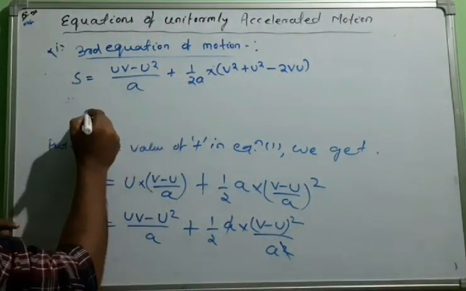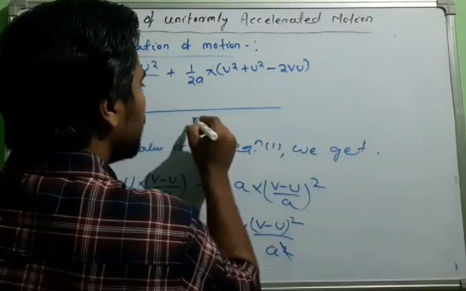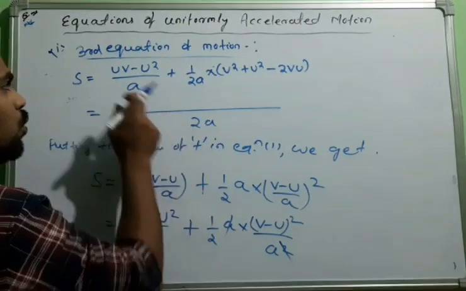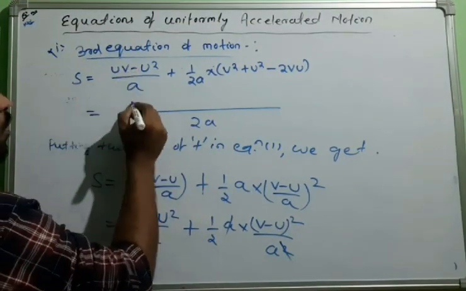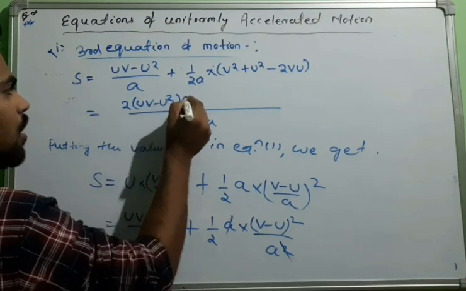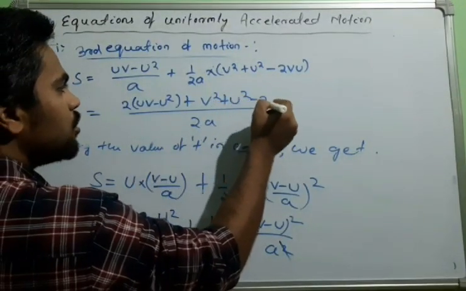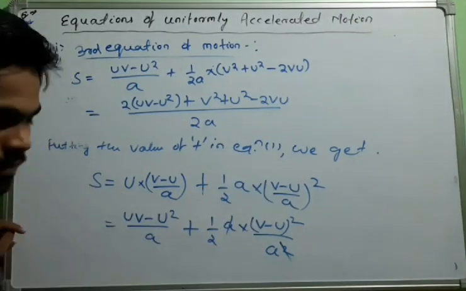I am taking the LCM here, that is 2A. That is 2 into UV minus U square plus V square plus U square minus 2VU. Clear or not?